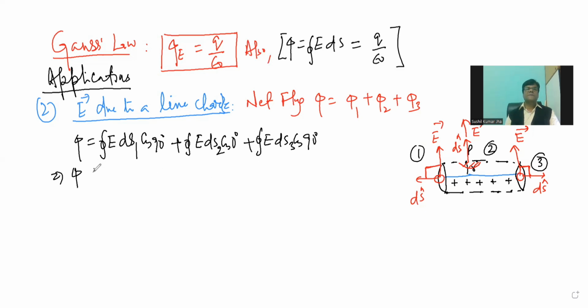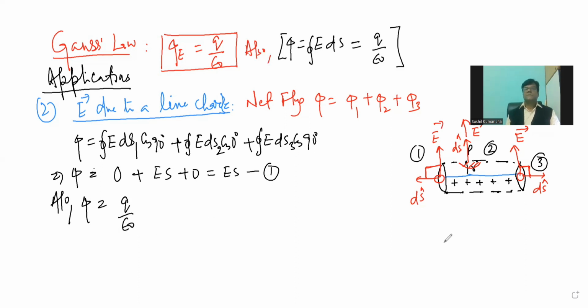Cos 90 is 0. So this becomes 0 plus cos 0 is 1, so this becomes ES. This is also 0. So it is ES, equation 1. And also from Gauss law, phi is equal to, as we have already done, Q upon epsilon naught.